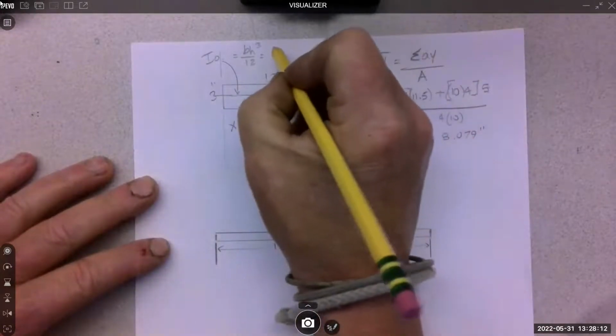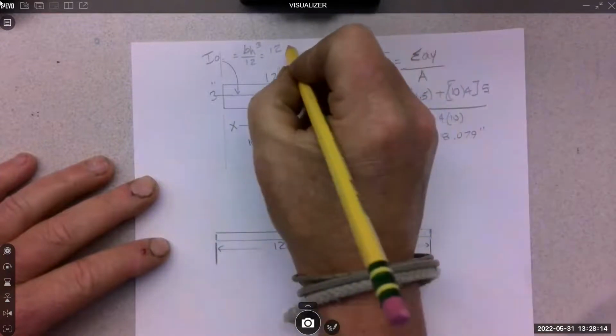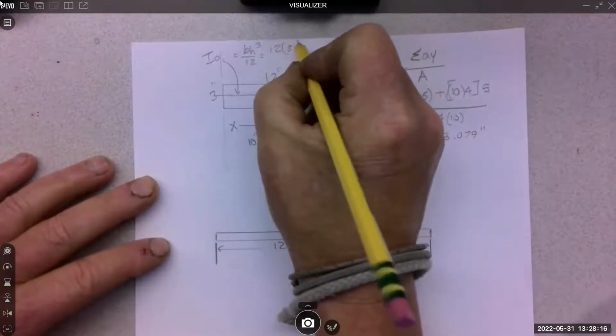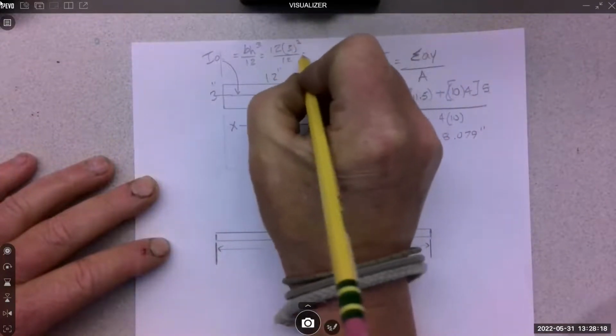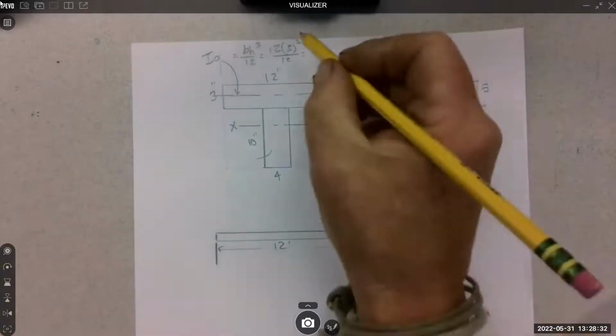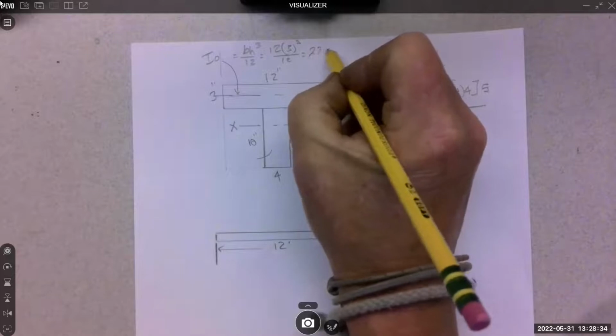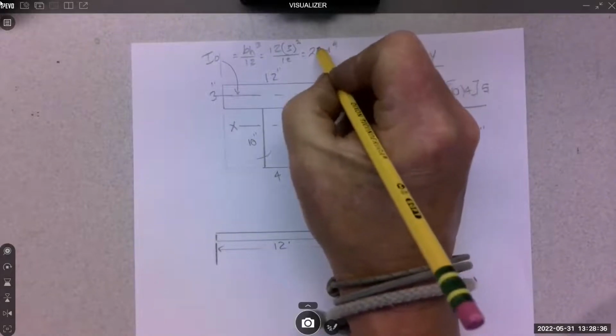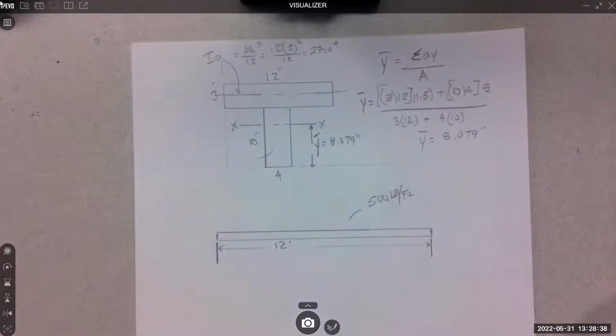So the base is 12, the height is 3, and that's cubed over 12. 27. Anybody else get that? Okay, good.